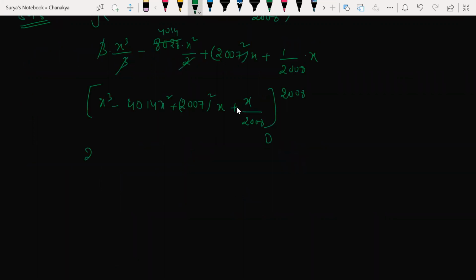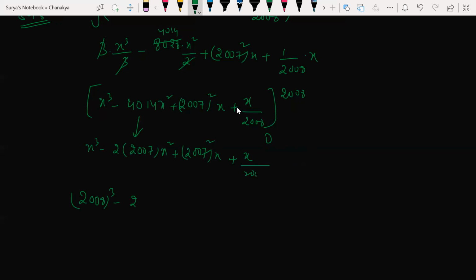Substitute the limits now. 2008 whole cube minus 2. Guys, look at this here. Basically, we'll do one thing. 4014 can be written as 2 times 2007, so I can write x cube minus 2 times 2007 into x square plus 2007 whole square. It is looking like some pattern.